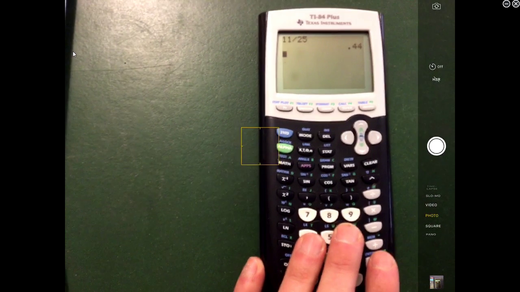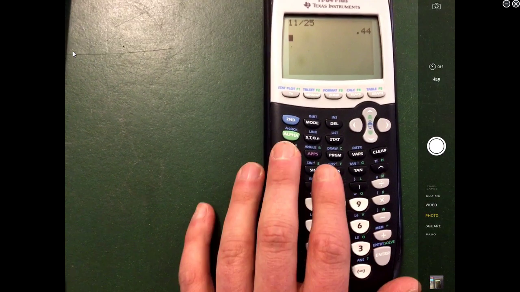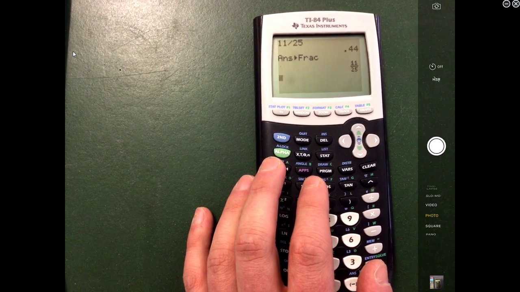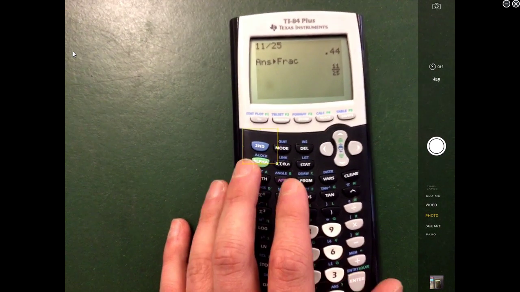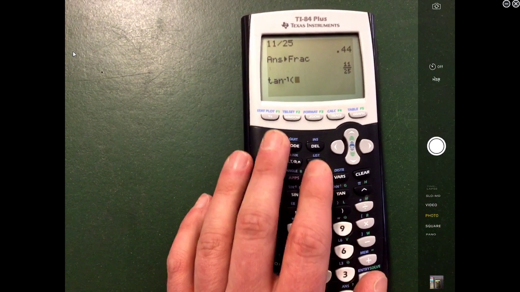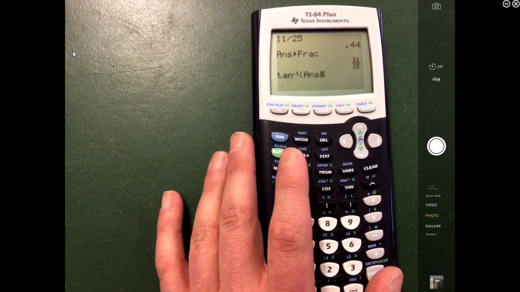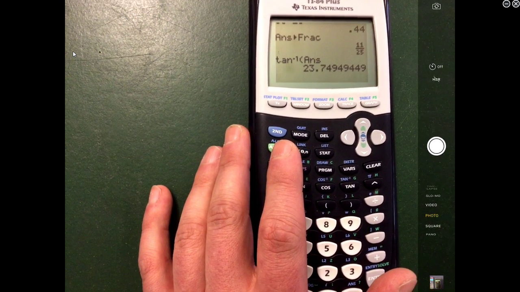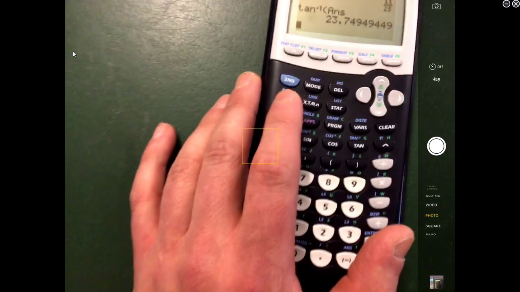That's fine. That's a slope right there. Slope as a number. Math, fraction, if I want a fraction. Some of you guys have other buttons to press on your calculator. Now I'd go second function tan, second function answer, and then out comes the degrees. Rounded to the nearest degree, you got 24.